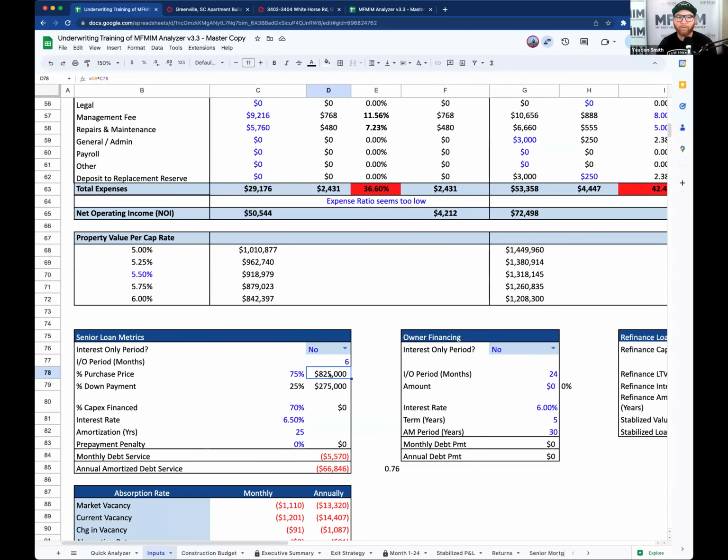So let me go back. In this case, you will have to have a net worth of $825,000 to qualify for this loan. You will also need liquidity of at least 10% of that amount. So you have to have a net worth of $825,000 and liquid assets of $82,500.